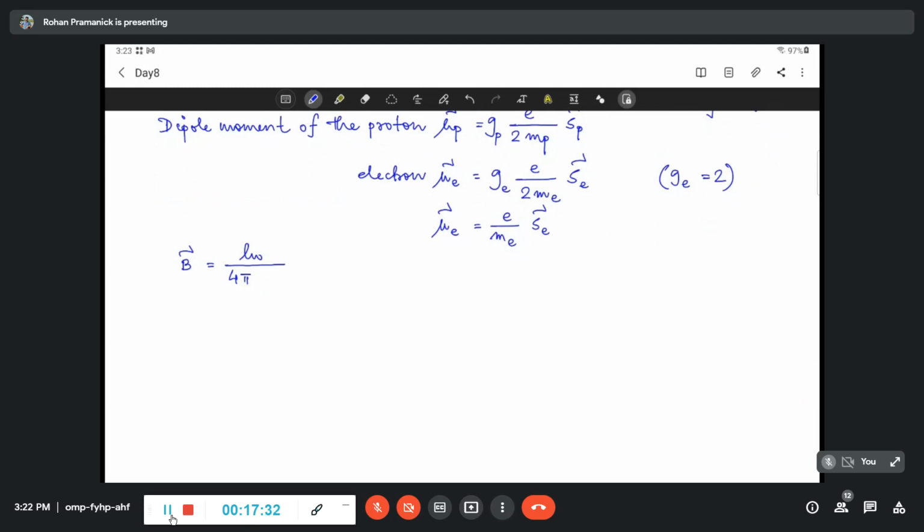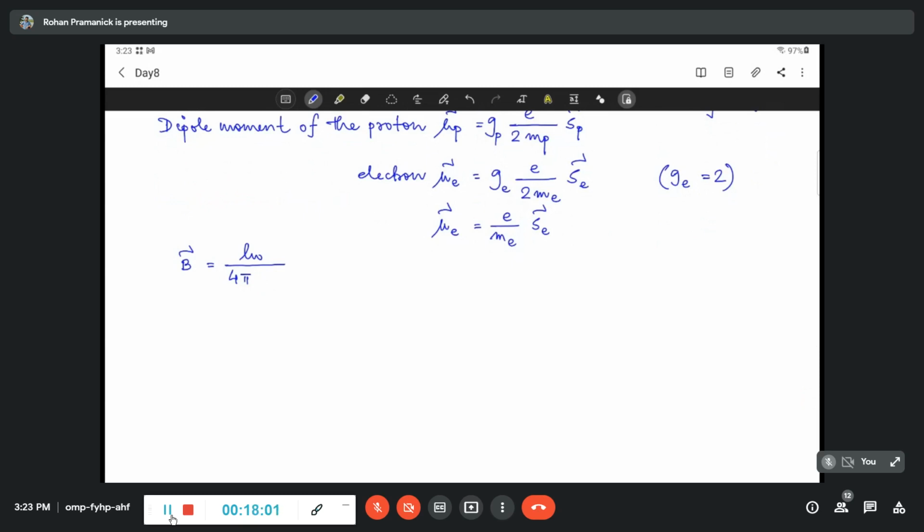Yes. What is the expression? Mu by 4 pi, I pi, 2 I pi a square, divided by a square plus r square to the power 3 by 2. No, what you are telling is the magnetic field for a ring at a distance r along the axis, right? Yes. That is not my question.